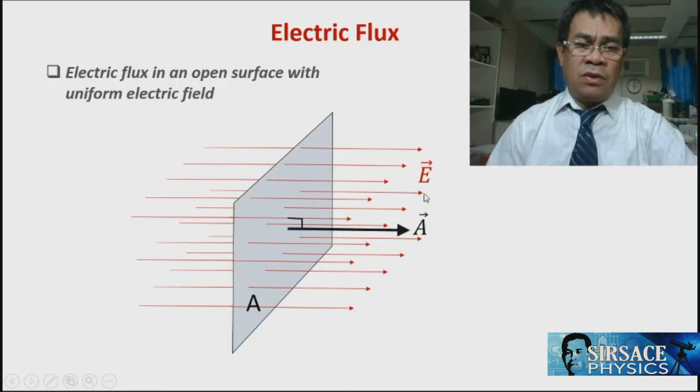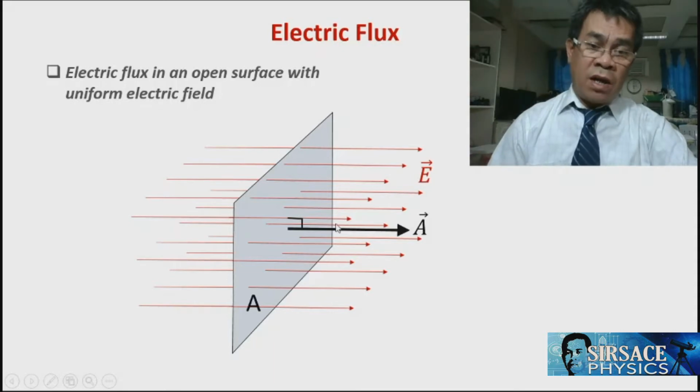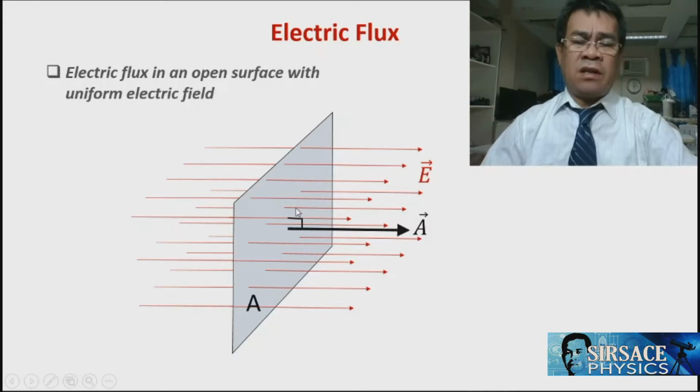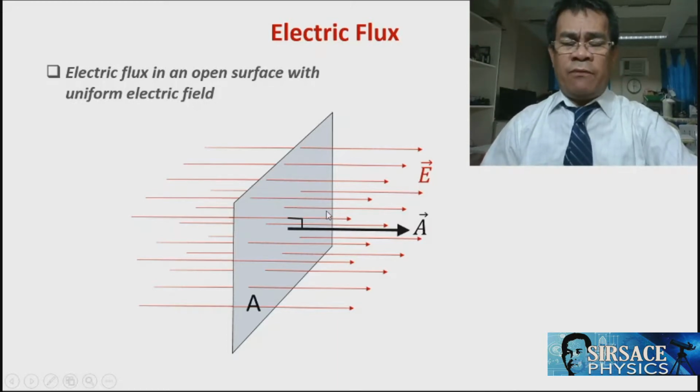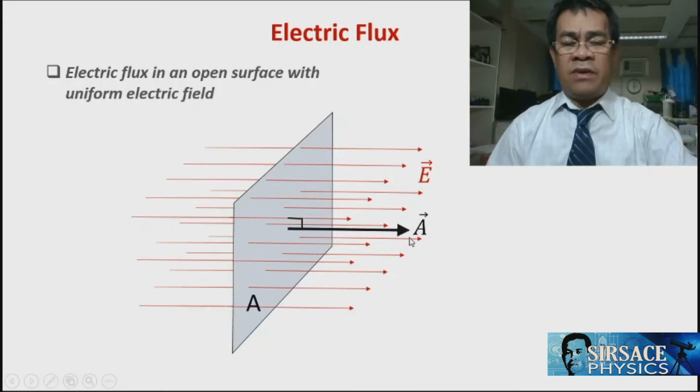So quantifying the amount of the flux, it is actually talking about the normal area. Normal area means it is the vector perpendicular to the surface area. So if we quantify the amount of the flux, we are concerned with that normal area as the vector and the electric field. The magnitude of the normal area is the area of the plane.